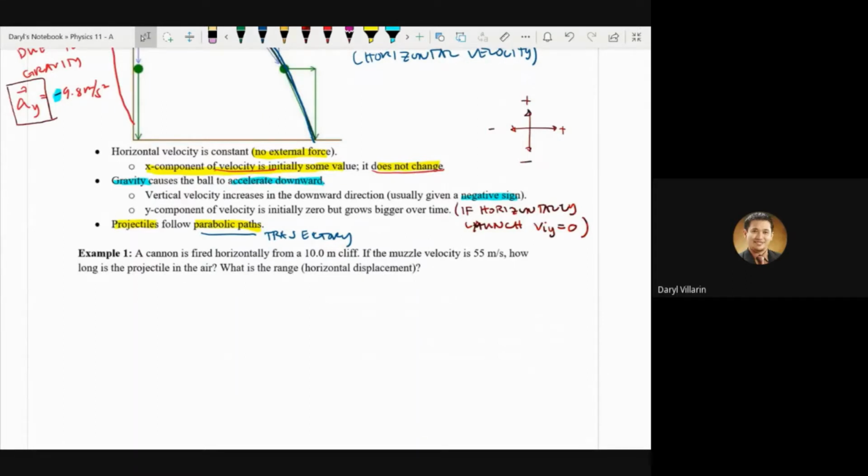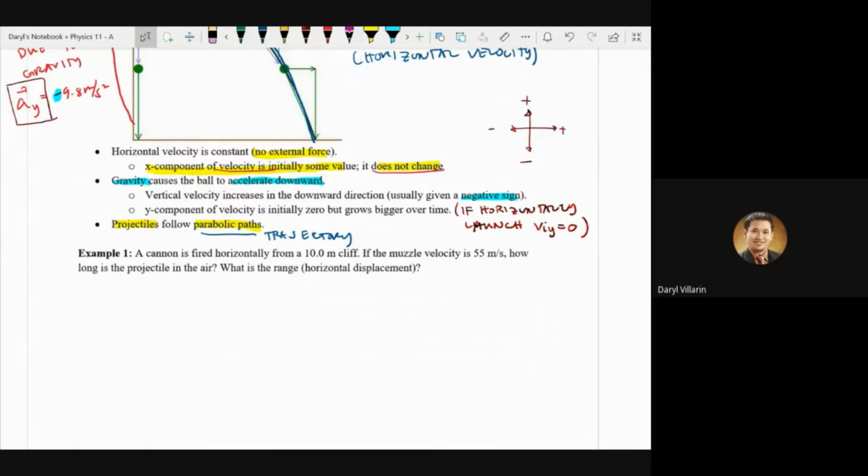Okay. So Vx can only affect the x motion, so the x displacement of the object, and the y component also only affects the motion along the y, or the vertical motion.